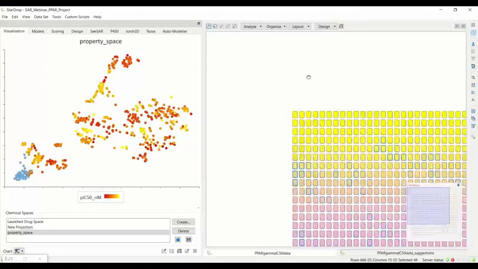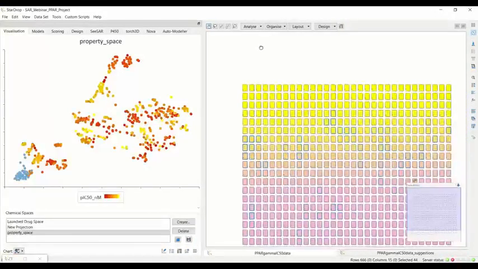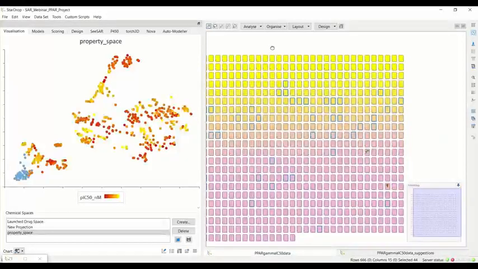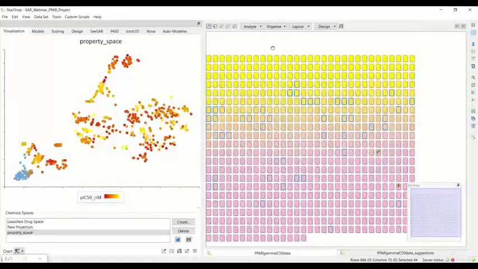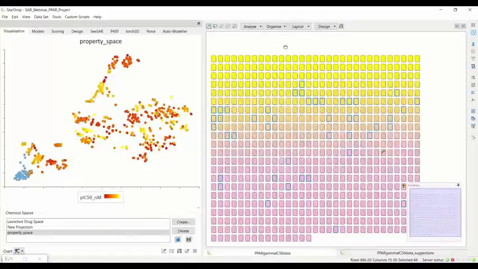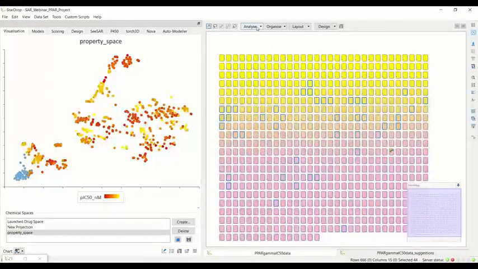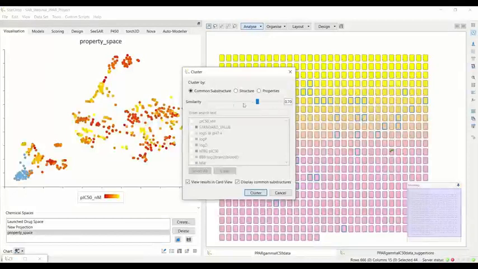Here is CardView, and each of the cards is colored by its activity and just laid out in a nice big grid. So under Analyze and Clustering, what I'm going to do is choose the common substructure. I can define a similarity.